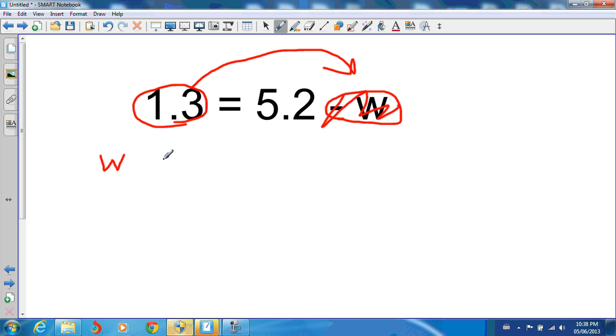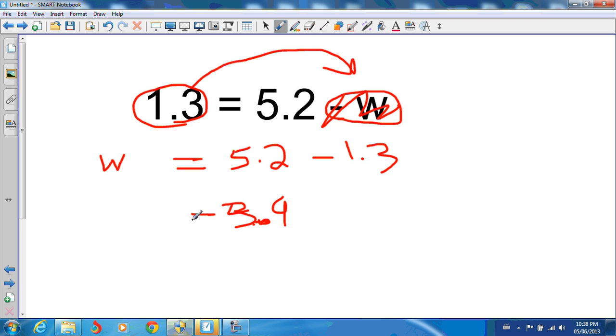So w is the only thing left on that side now. 5.2 was still there, and this 1.3 became a negative 1.3. Now all you have to do is 5.2 take away 1.3, and you would be left with, if I'm not mistaken, 4, oops, let me see, 5.2 take away 1.3, so you're left with 3.9 as your answer.